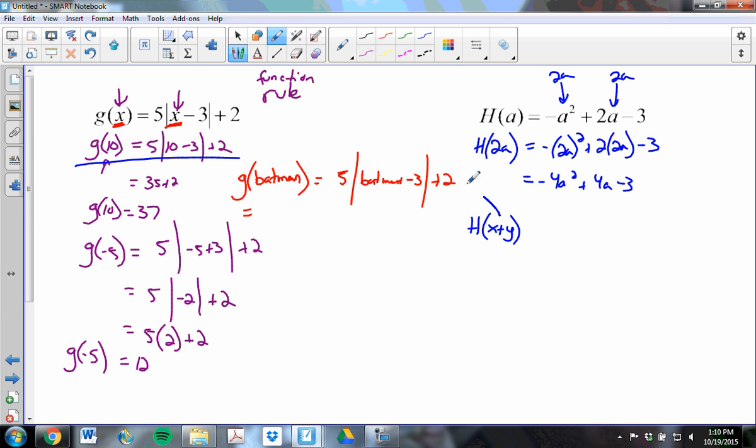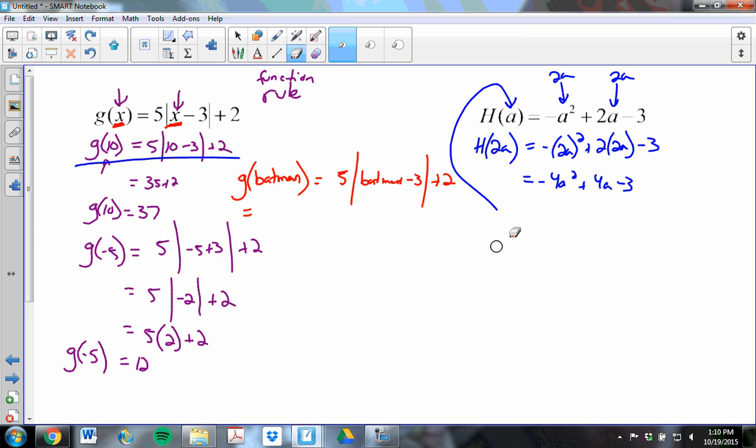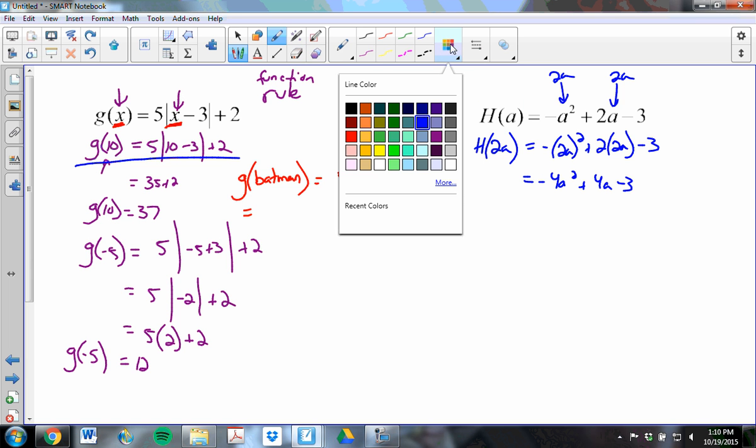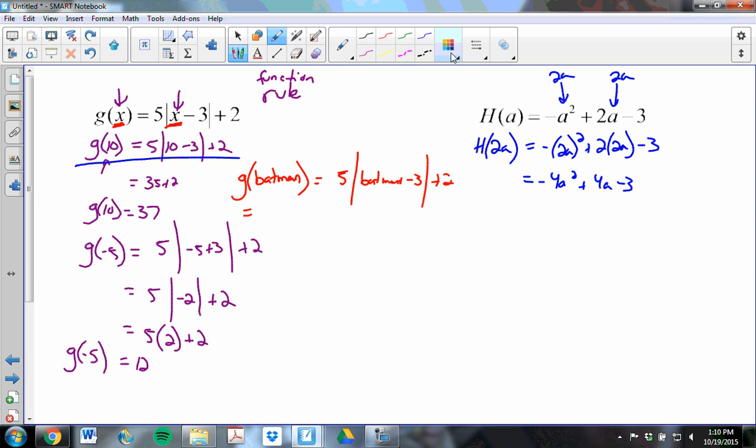Well, then x plus y took the place of this a, so it's going to go in there and there. It's going to become negative (x plus y) squared plus 2 times (x plus y) minus 3.